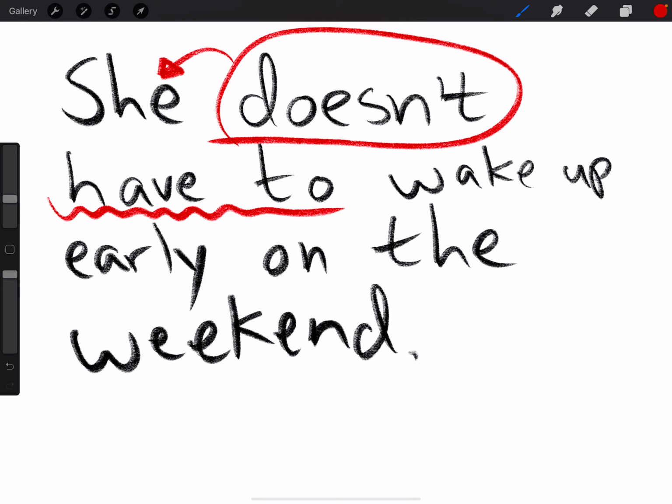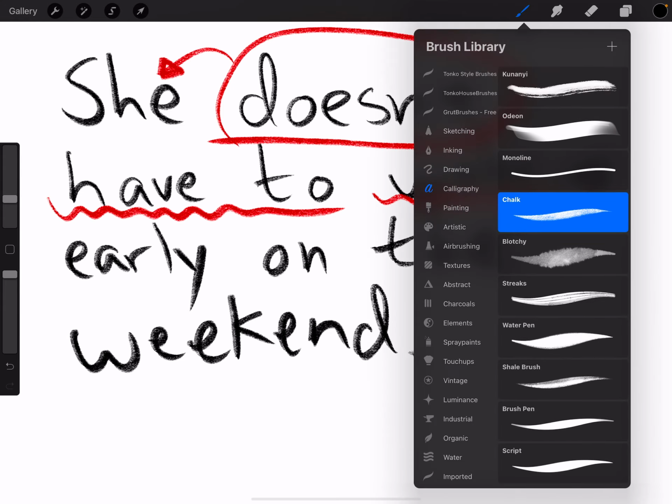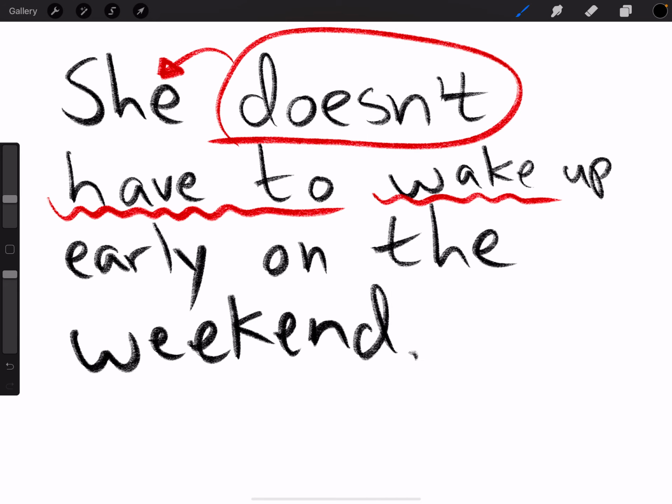Have to will not change because we're only using the base form of the verb after doesn't. Okay, so we have to, and we have the base form of the verb wake up early on the weekend. The meaning is that it's okay if she wakes up early on the weekend, and it's okay if she doesn't wake up early on the weekend. Okay.